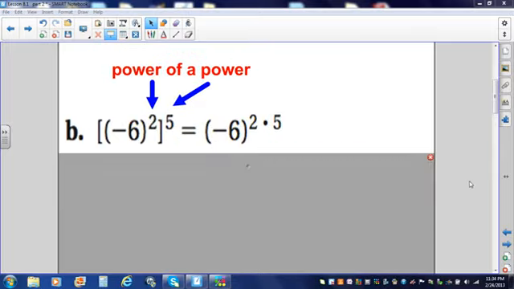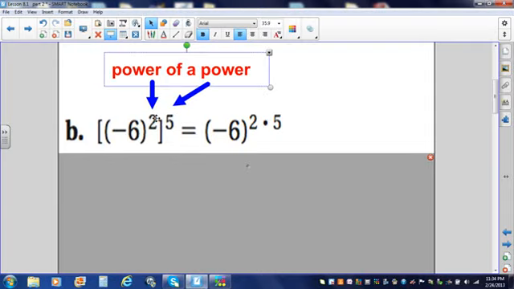Alright, a few more examples. Please write down this expression on your paper. We have a bracket, parentheses, negative 6, parentheses 2, bracket 5. Notice that we have a power to a power. So we said the quickest way to do a power to a power would be to multiply.